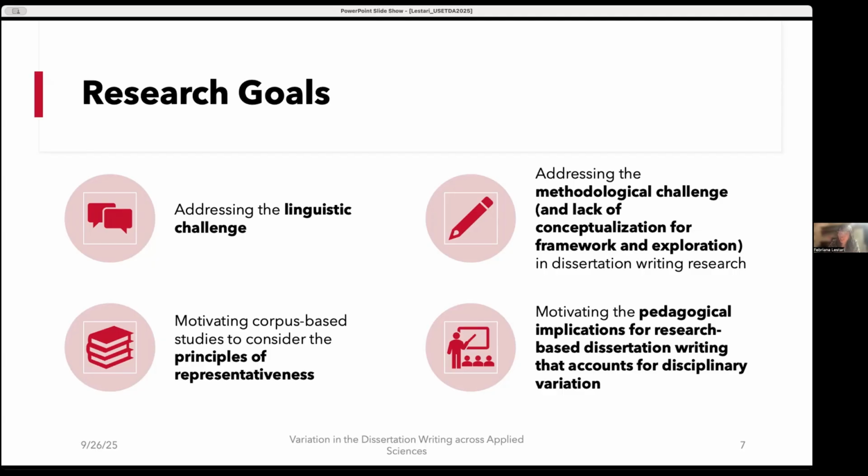I would also like to address some methodological challenges, for example, the lack of conceptualization for the framework that previous studies used to code the types of dissertations based on their structures. This research is also expected to motivate pedagogical implications for research-based dissertation writing that accounts for disciplinary variation.